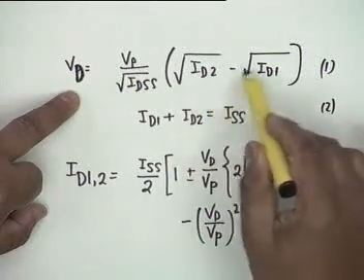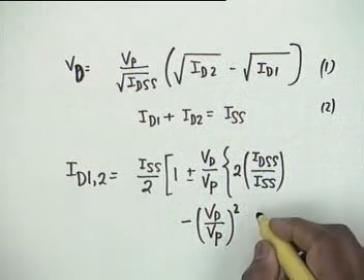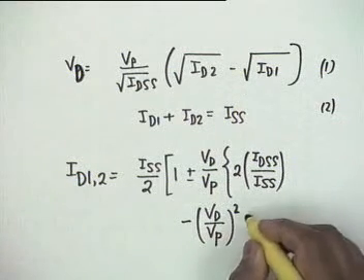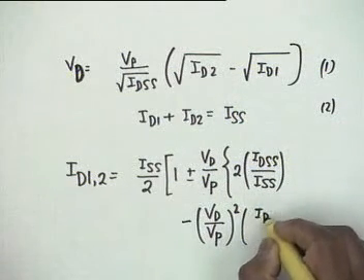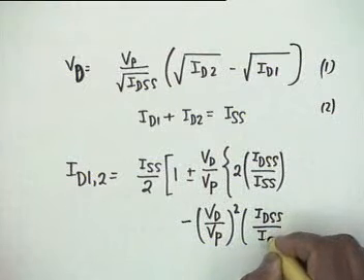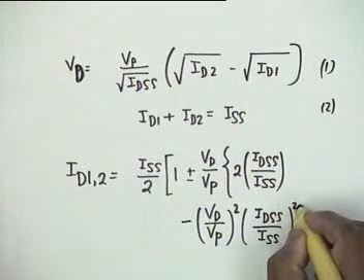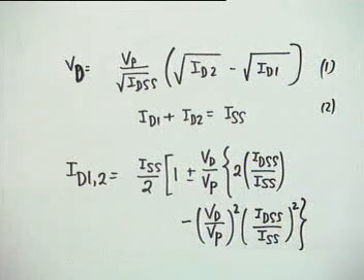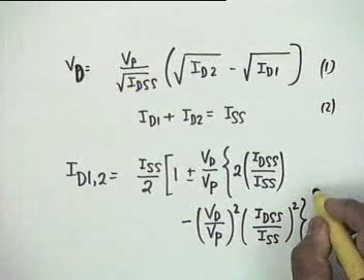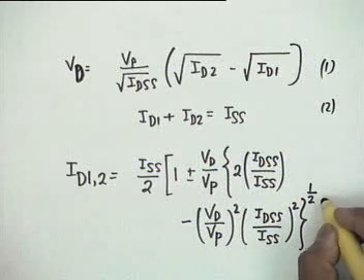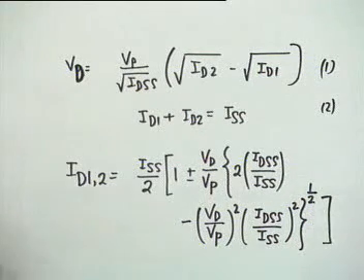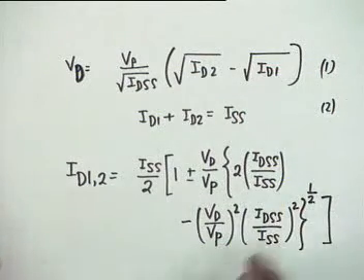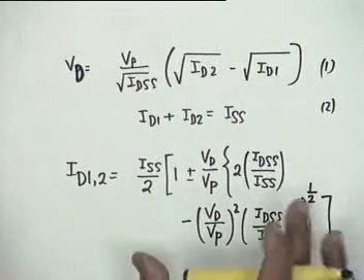Why does the square come? Because we have squared this. VD by VP squared multiplied by IDSS divided by ISS squared, curly bracket closed, to the power half, and then this bracket closes. This is the expression. I urge you to clear out this algebra and obtain this.